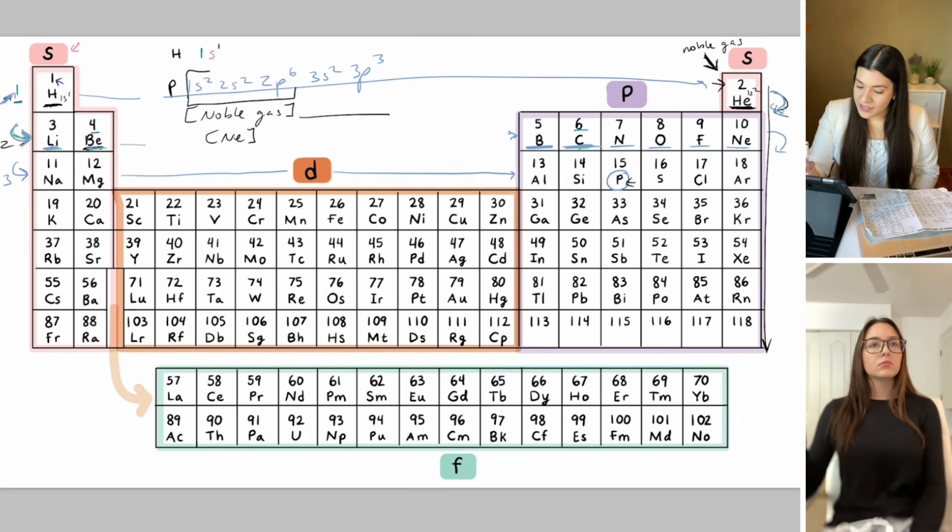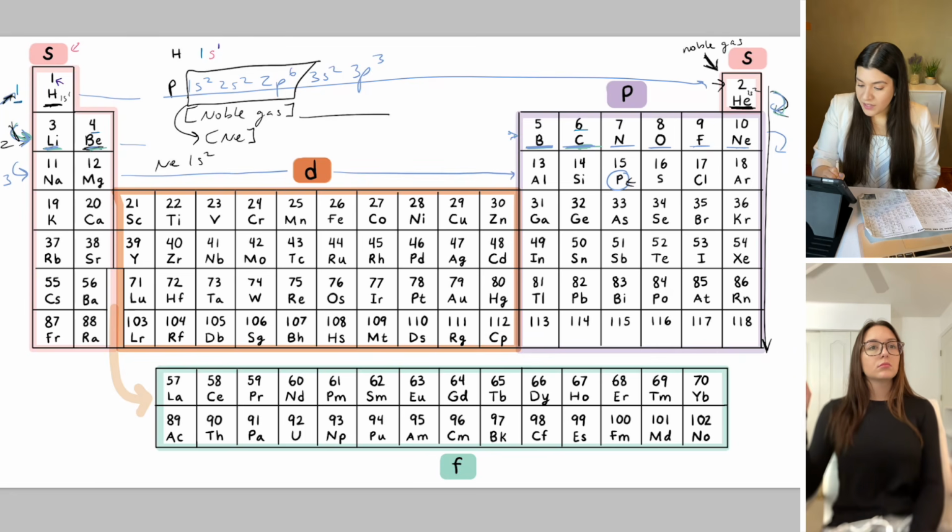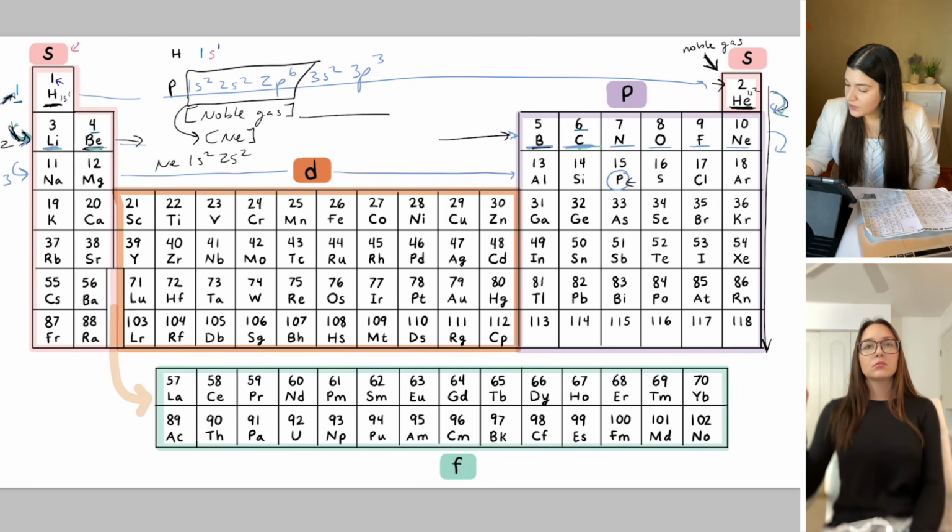All of this gets replaced with just the noble gas. And we know that because if I did the electron configuration of neon, I would start with 1s2, make my way here. Now I'm at 2s2, go straight across, and then I'd end at 1, 2, 3, 4, 5, and 6 at 2p6.